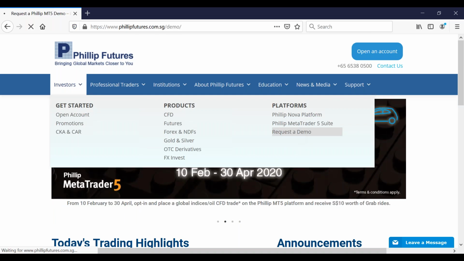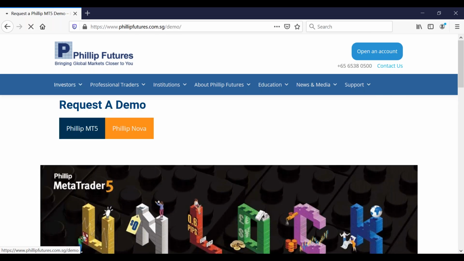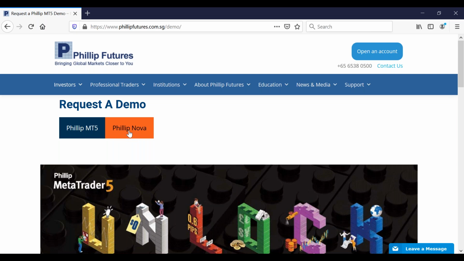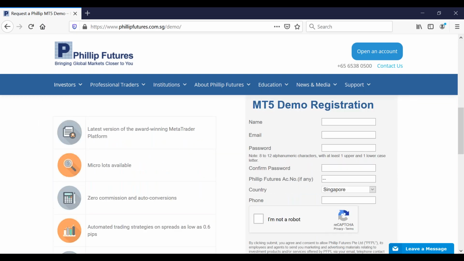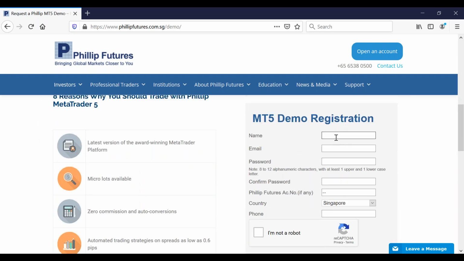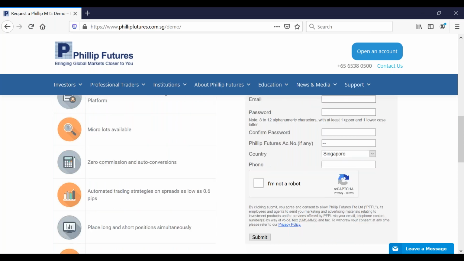Here, click on MT5 or Philip Nova, which is our futures platform. If you like a futures platform, then click on Philip Futures. Then here is where you would do your MT5 demo registration.